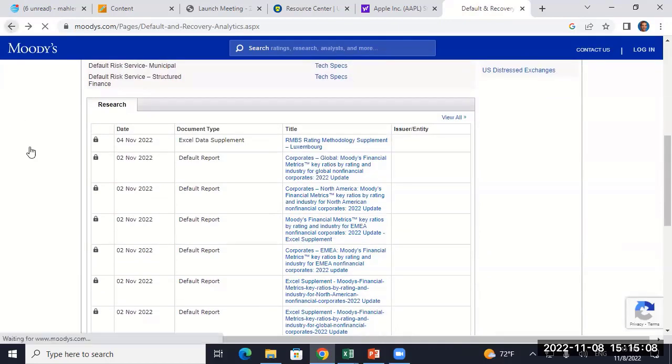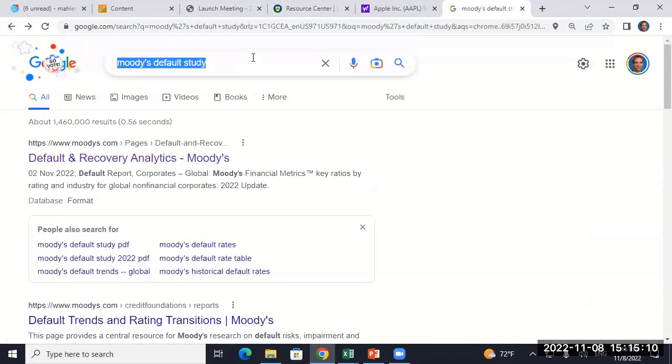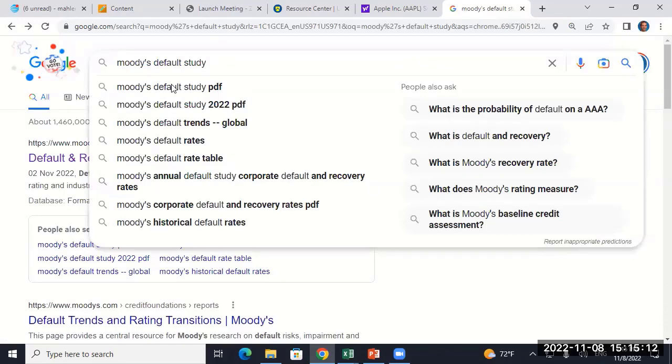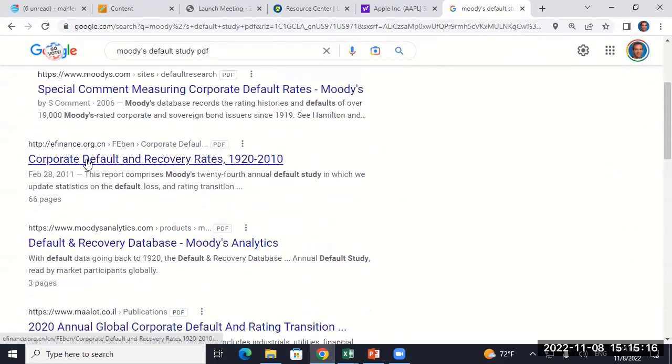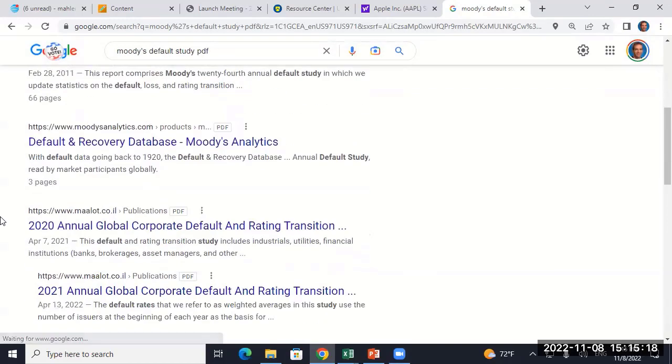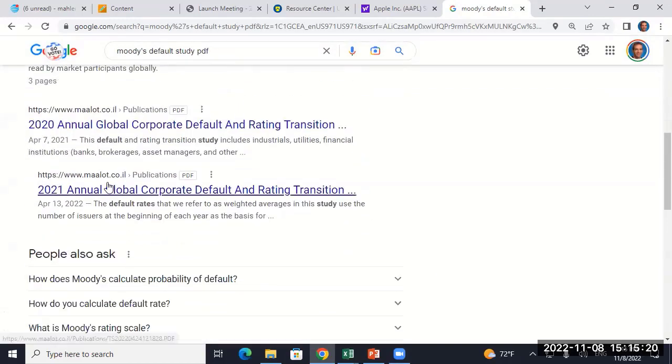I'm going to find the PDF. I've got a few of these studies that I saved. I can't force them to give me their studies because I'm not paying them any money, so I'm kind of at their mercy, but they do publish these.